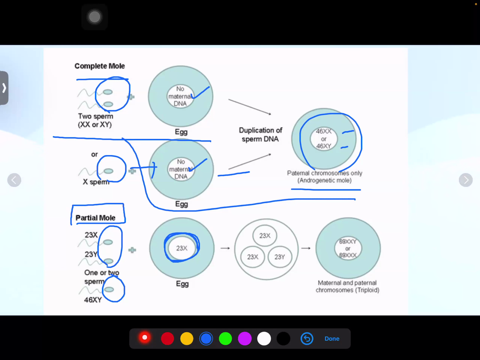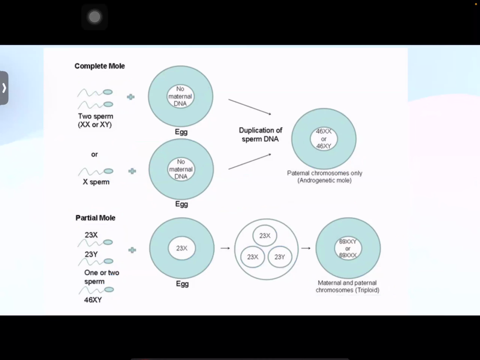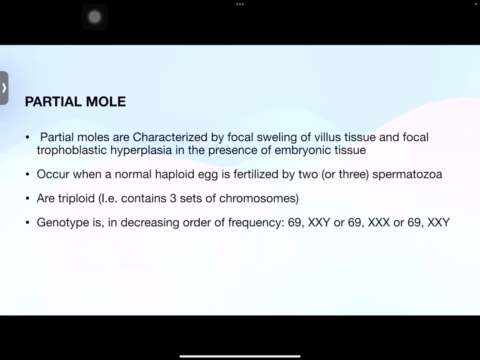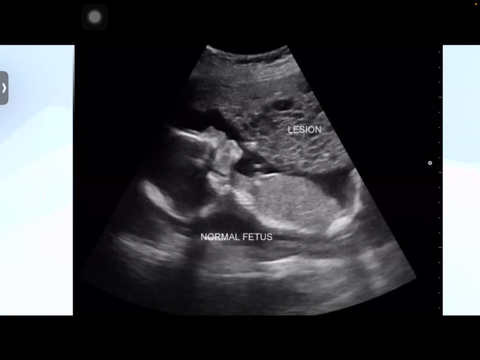They just add, and there are two sperms also going inside. So the formation has maternal and paternal chromosomes, triploid, 3 sets of chromosomes, okay? So 2 or 3 sperms enter into one egg. Now the triploidy status is present in partial mole, okay? So those are the main differences between complete and partial mole.